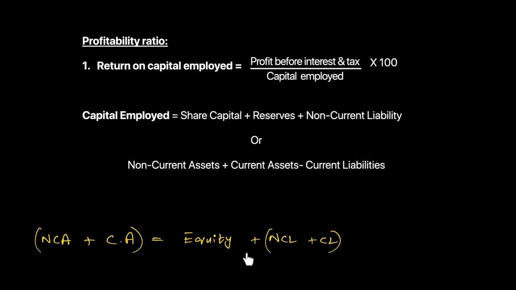If you're looking to find equity and non-current liability, you can solve it another way by taking current liabilities to the other side, which is why assets minus current liabilities will also give you capital employed. So for profitability ratios, besides gross profit margin, markup and operating profit margin, and even for efficiency, where we have seen the non-current asset turnover, you should remember how to calculate return on capital employed.